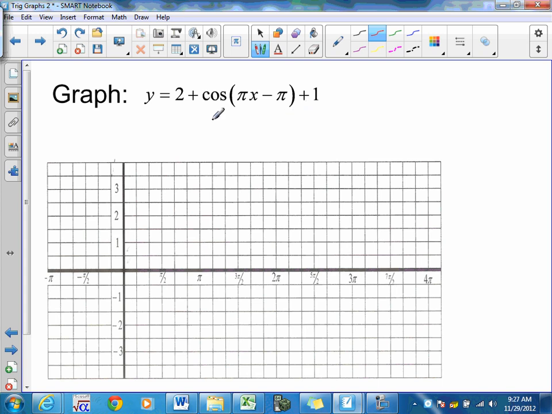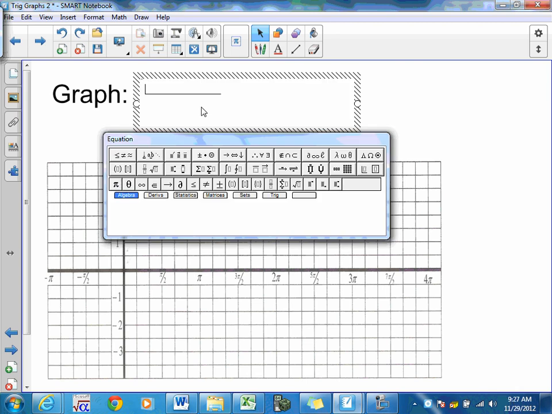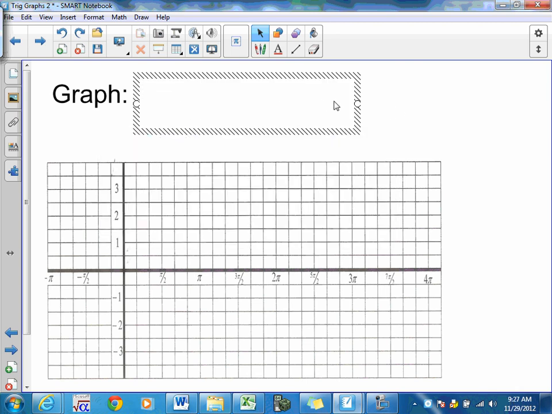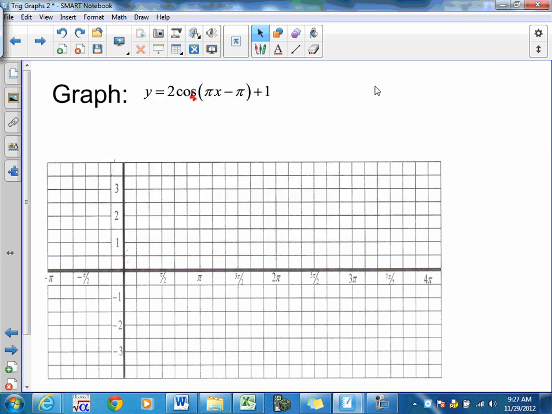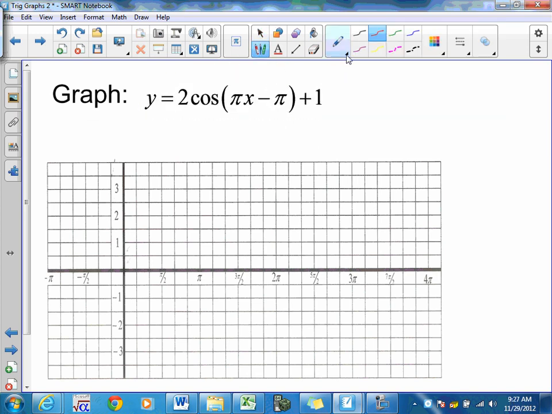I'm going to get rid of this plus sign here, just make it 2. That'll work better. So, my amplitude is 2.